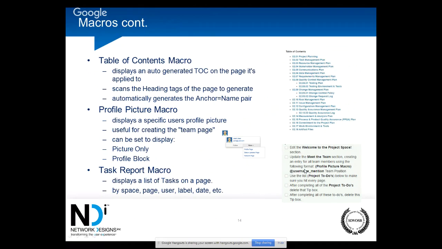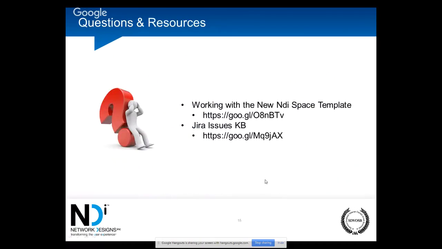And when you go to your personal task space, your personal task list comes up with all of your to-dos on it from every single project that's covered inside of Confluence. Very handy. I'll show you how that works.